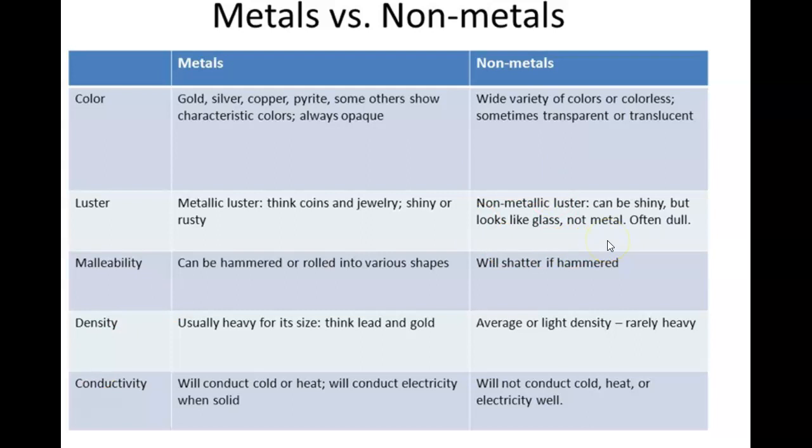Non-metals don't have any metallic luster, but they can have their specific luster, such as glass or diamonds. They can be in many different states, like solid, or liquid like bromine, or gaseous like hydrogen, oxygen, or nitrogen.